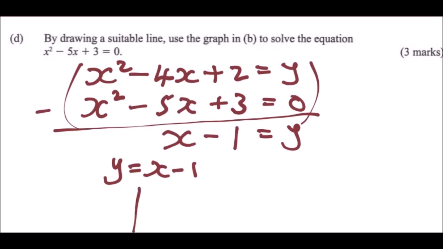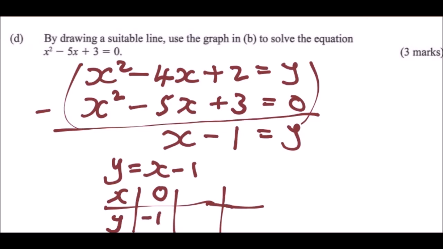So we can make a simple table, and say this is our x, this is our y, and therefore when x is 0, y is minus 1. You substitute in our linear equation, or linear function. So when x is 1, 1 minus 1 is 0, and when x is 2, 2 minus 1 is 1.